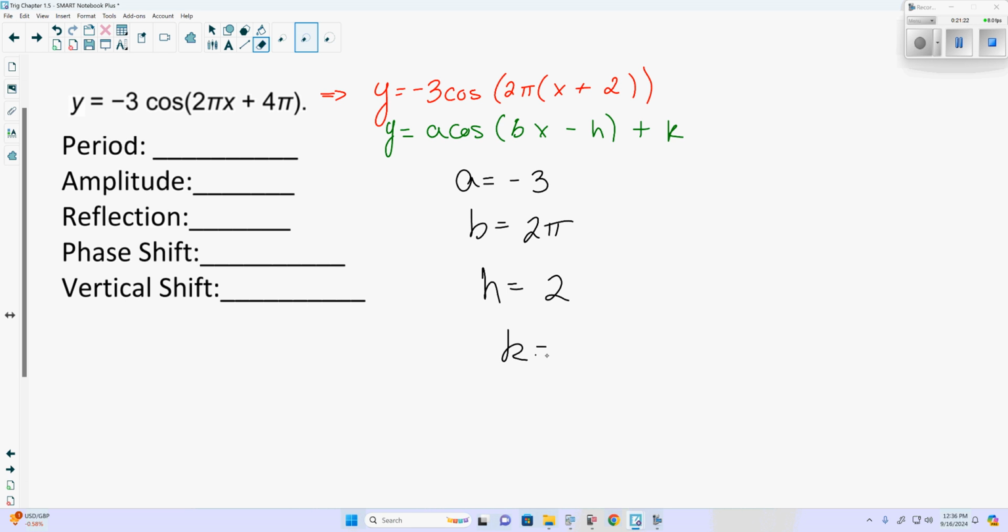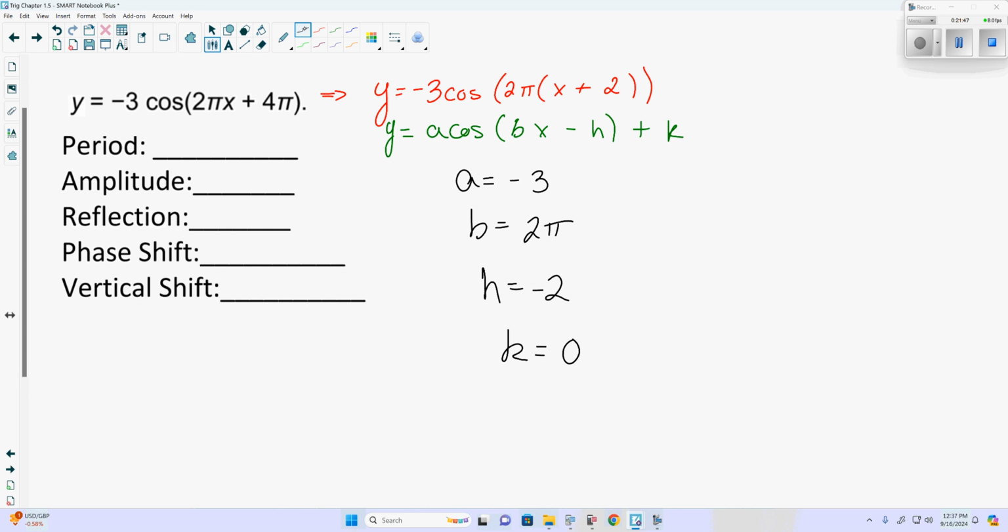K is 0. Really, we would say -2, but H, -2. Questions on A, B, H, K?